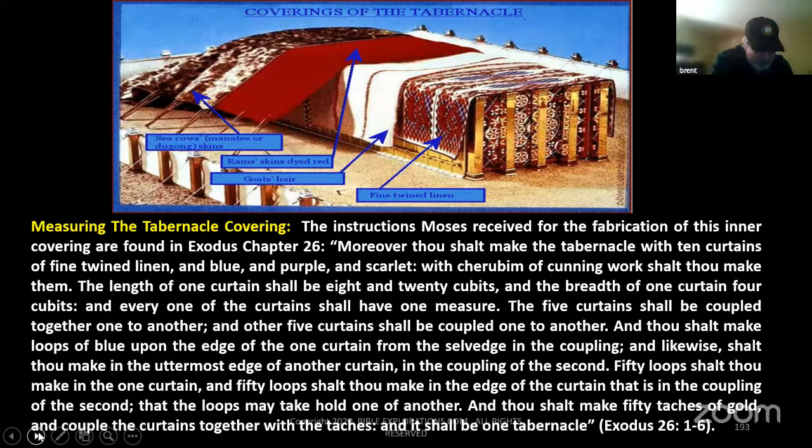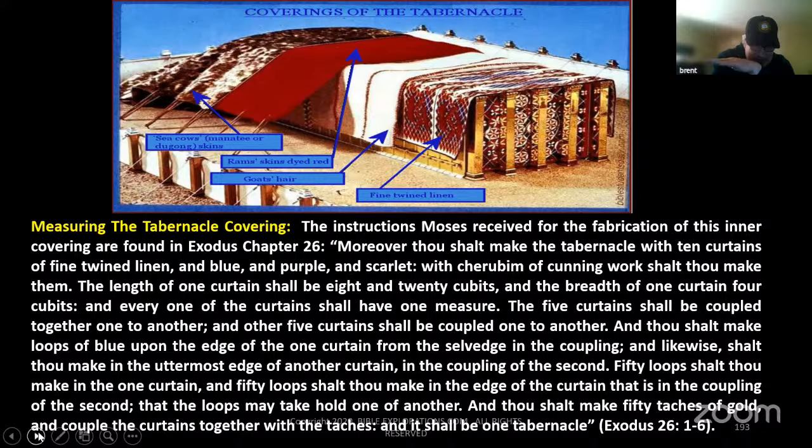"50 loops shalt thou make in one curtain, and 50 loops shalt thou make in the edge of the curtain that is in the coupling of the second, that the loops may take hold of one another. And thou shalt make 50 taches of gold, and couple the curtains together with the taches, and it shall be one tabernacle." So this covering is one tabernacle, or the sanctuary.